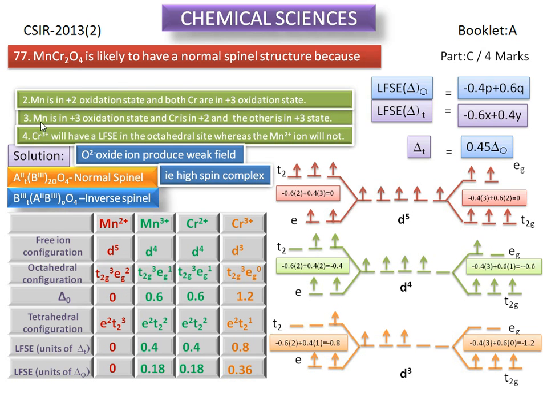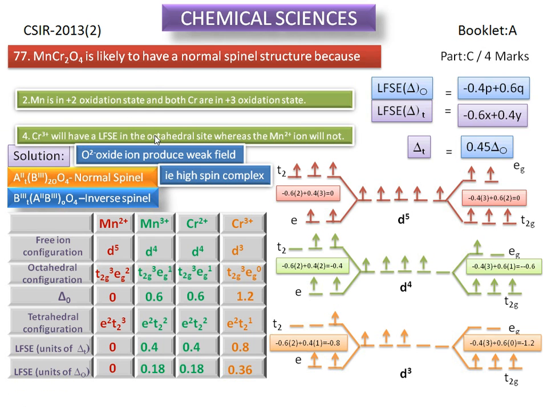In the third option, Mn is in the plus 3 oxidation state and chromium is in the plus 2 and the other in the plus 3 state. These results show it can form the inverse spinel structure, but the formation of inverse spinel for MnCr2O4 is impossible. So this is not the correct answer.